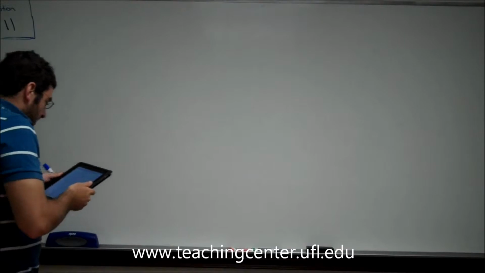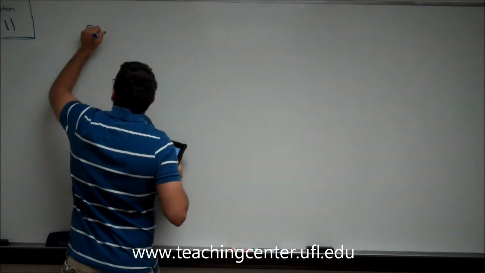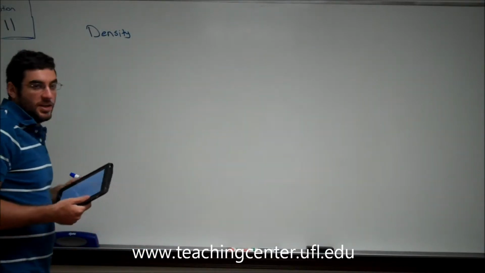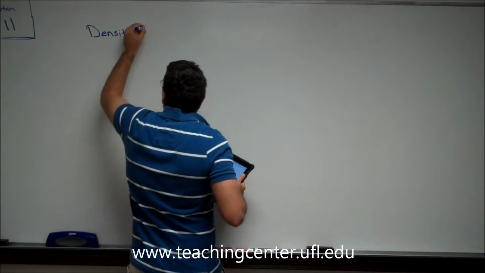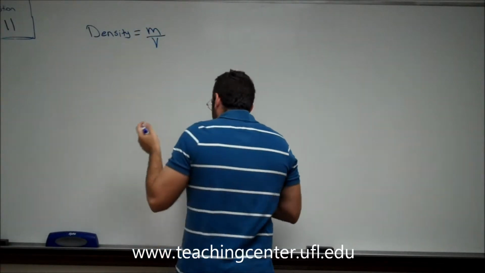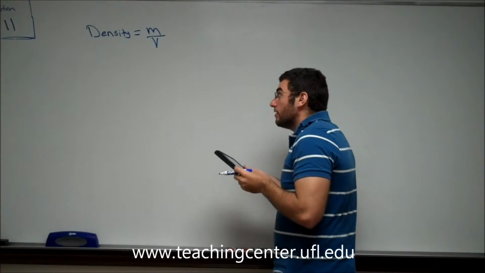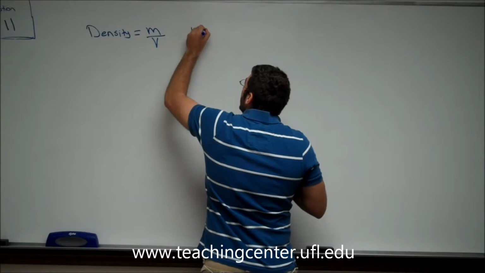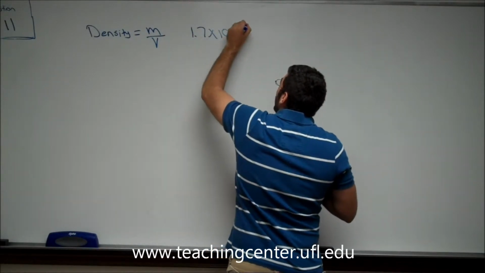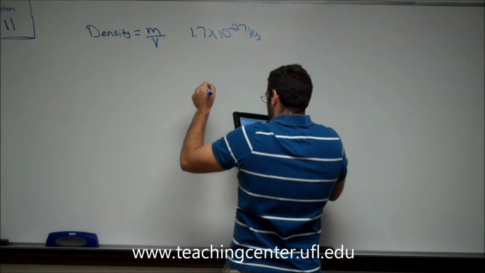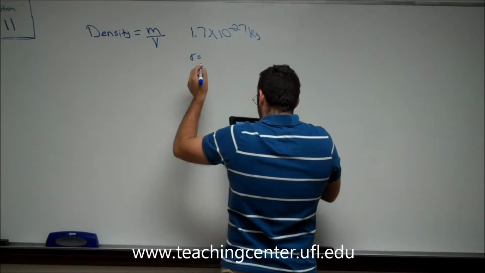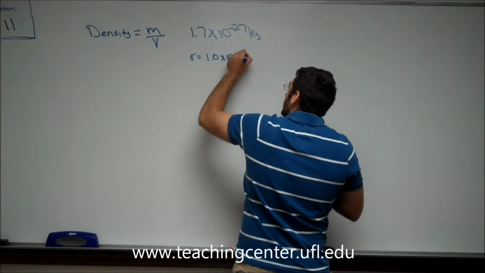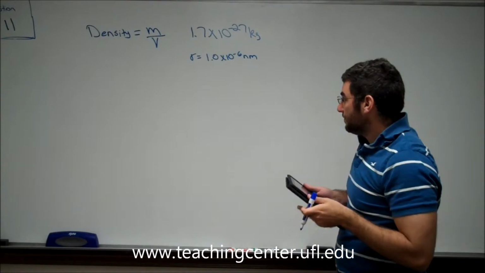So question number 11 wants us to once again find density. But they make it a little more complicated because now instead of just doing density equals mass divided by volume, we have to calculate the mass and the volume because it gives us 1.7 times 10 to the minus 27 kilograms and a radius of 1.0 times 10 to the minus 6 nanometers.